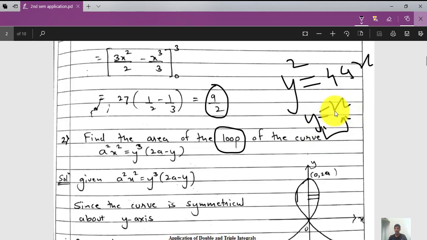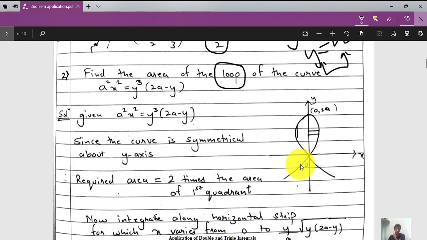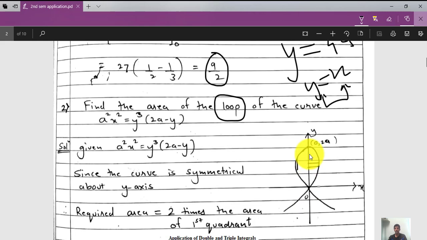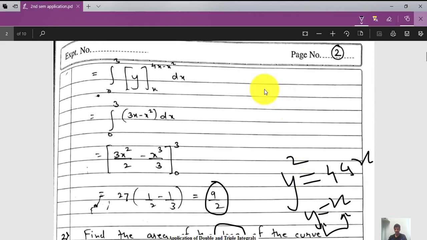And if x is 90 degrees, then y will be 90 degrees, and vice versa. Therefore the given curve will be symmetric about the pole.